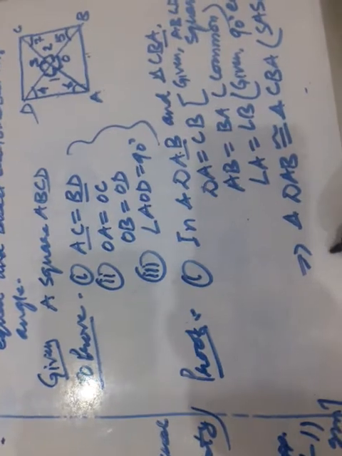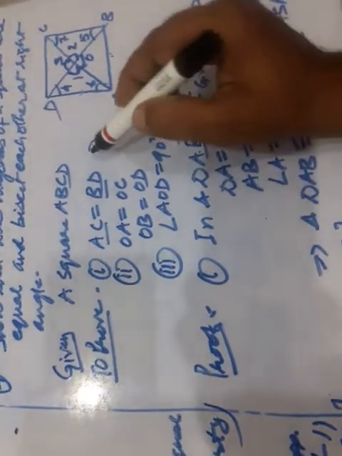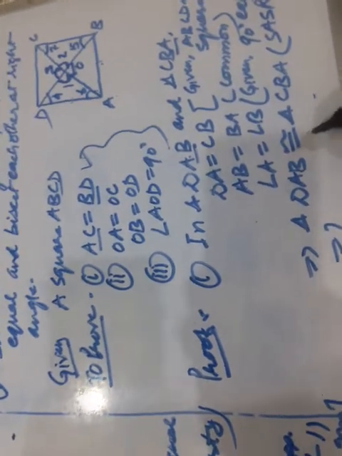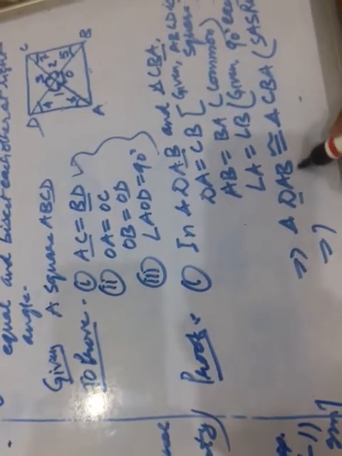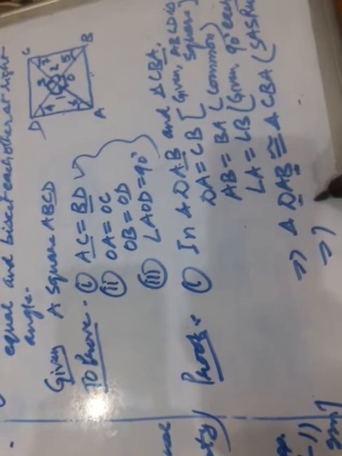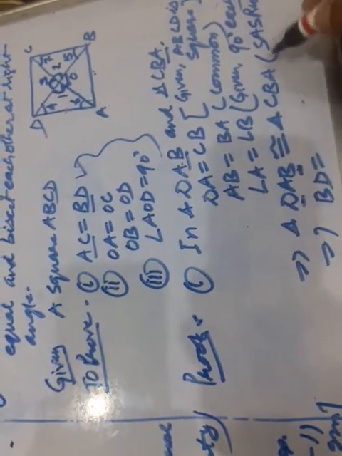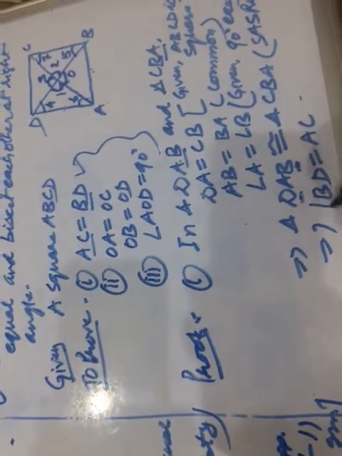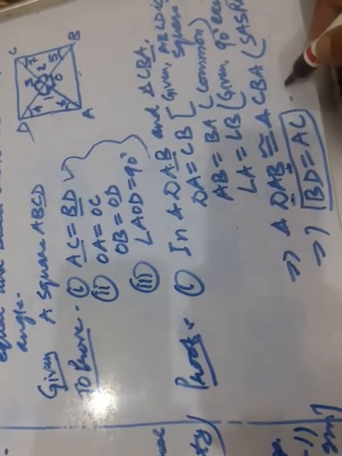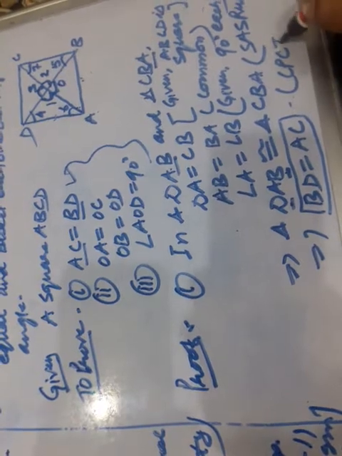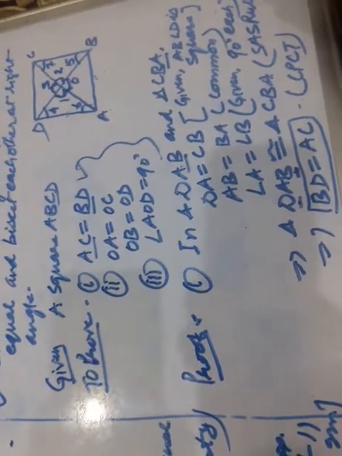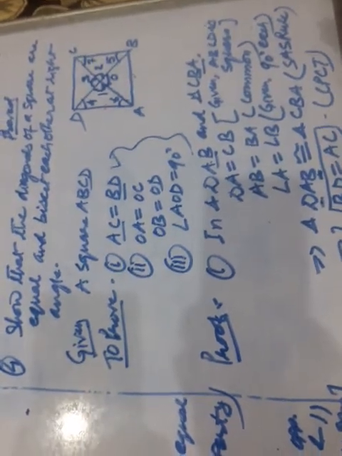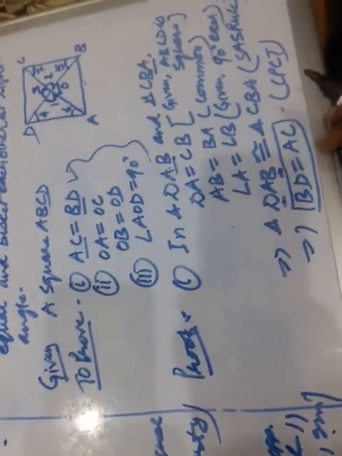Now you have reached your first destination, that is AC equal to BD. BD equal to AC, we have proved, by CPCT. CPCT stands for corresponding parts of congruent triangles. So BD equal to AC we have proved.